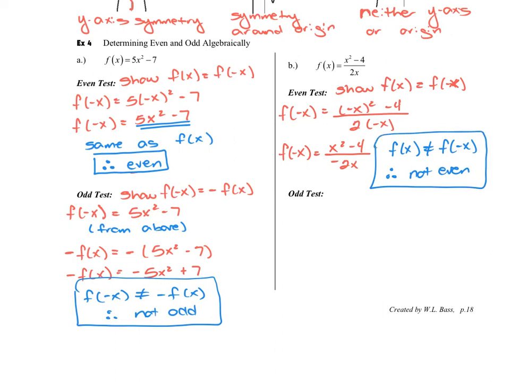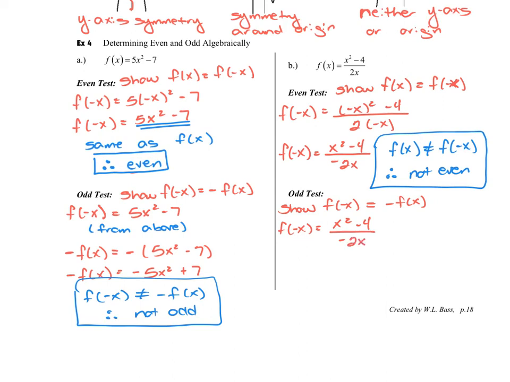Let's check and see if our function turns out to be odd. Maybe it will. So we are going to show or determine if f of negative x is equal to a negative f of x. Remember, we have our f of negative x from the previous step, so our f of negative x, let's just rewrite it here for ourselves, is going to be x squared minus 4 over a negative 2x.